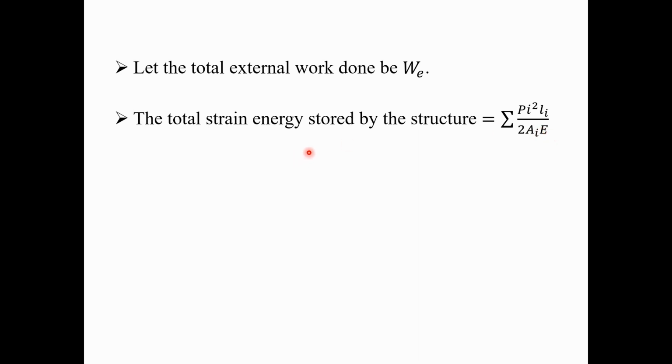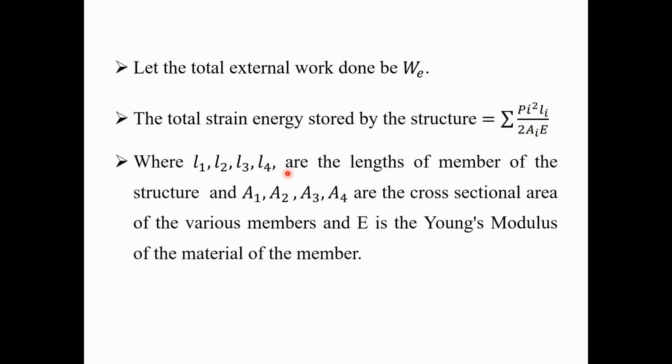As we know, all the member forces in the truss are axial forces, so the total strain energy stored by the structure is the summation of Pi square Li divided by 2 Ai E, where i stands for 1, 2, 3, 4, L1, L2, L3, L4 are the lengths of the members, A1, A2, A3, A4 are the cross-sectional areas of the various members, and E is the Young's modulus of the material of the members.